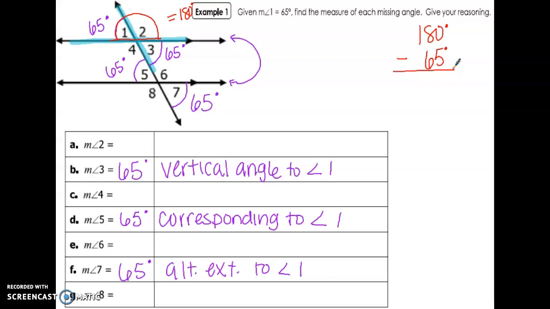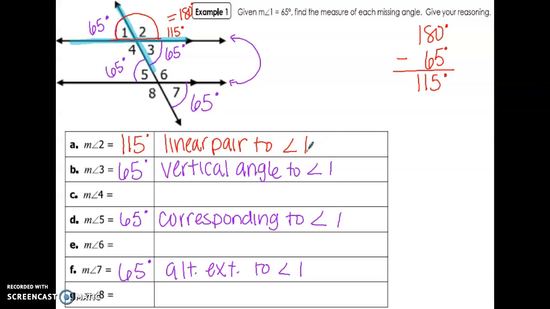So 180 minus 65, that should be around 115 degrees. So here angle 2 actually measures 115 degrees because it is a linear pair, aka it forms a straight line to angle 1.